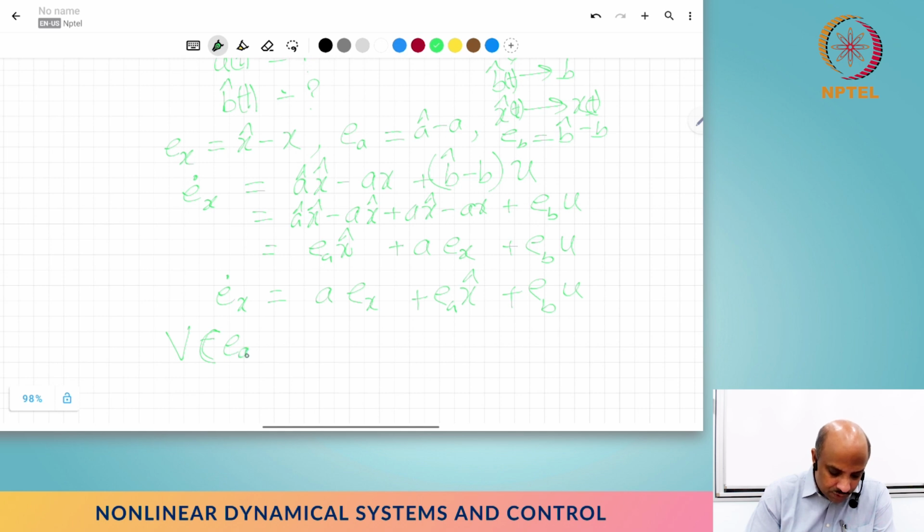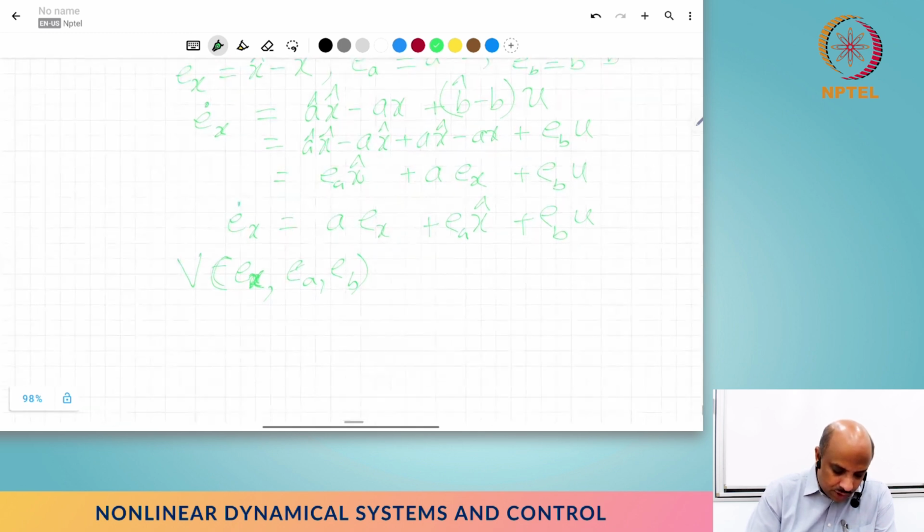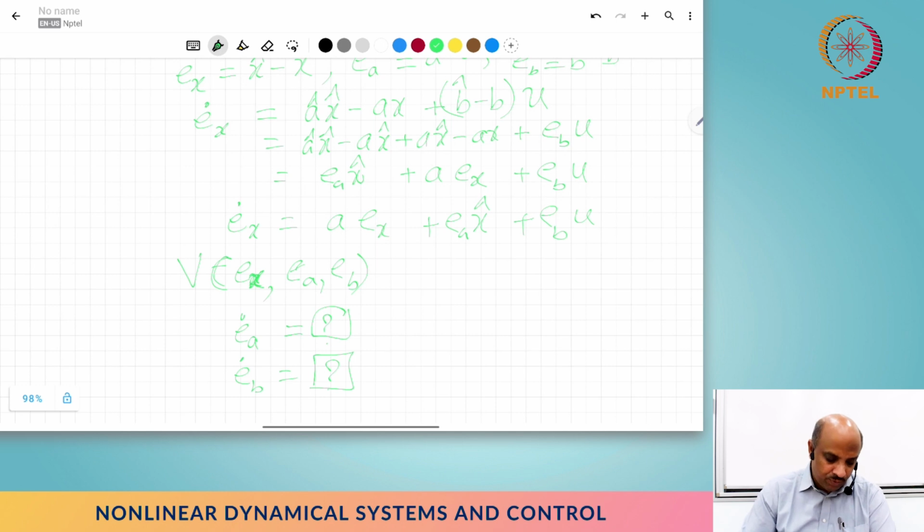Okay, so I'm going to now consider a Lyapunov function that deals with e x, e a, and e b, right? In other words, this is an equation in e x, and I want an equation in e a and e b. I can actually design these things because those update laws are in my hand.